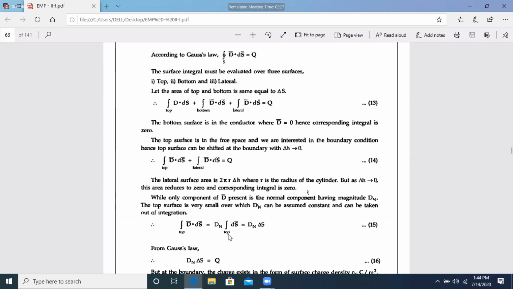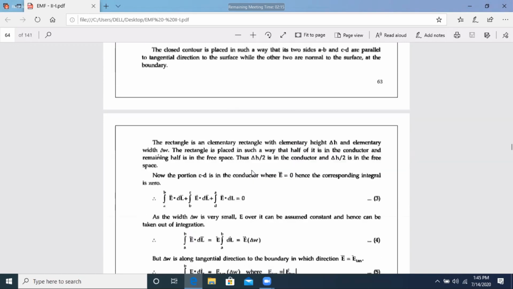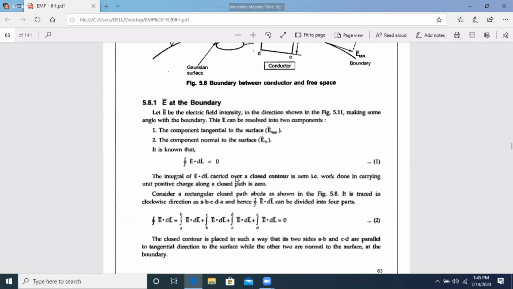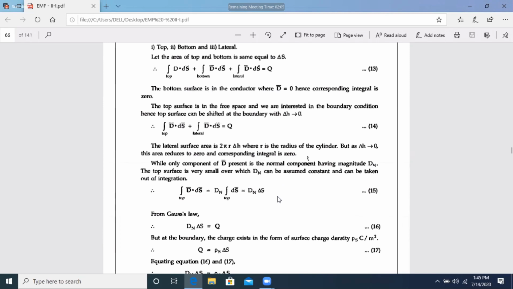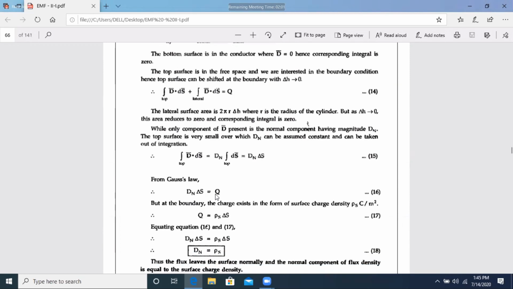So D normal at the top equals D normal delta S. So D normal delta S equals Q. But we know that Q is rho s delta S. So D normal delta S equals rho s delta S. So D normal is equal to rho s.